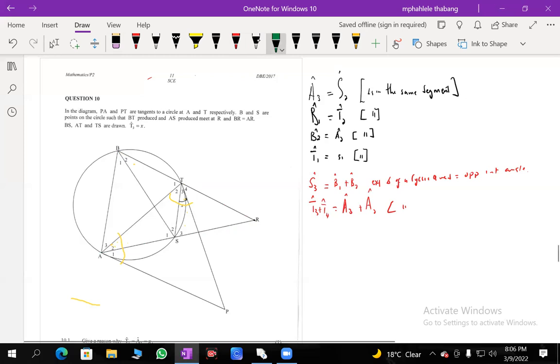Let's say this is our triangle ABR. On this triangle ABR, we know that line BR equals line AR. So we say this triangle ABR is an isosceles triangle. Why do we say it's an isosceles triangle?